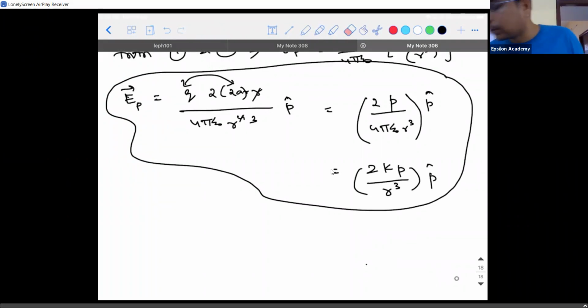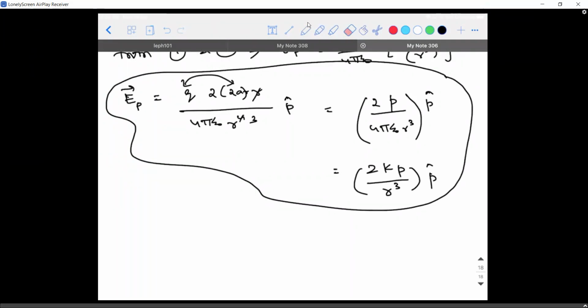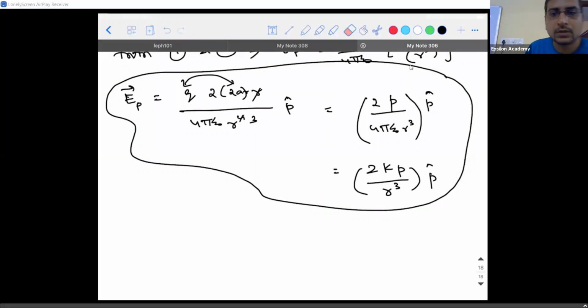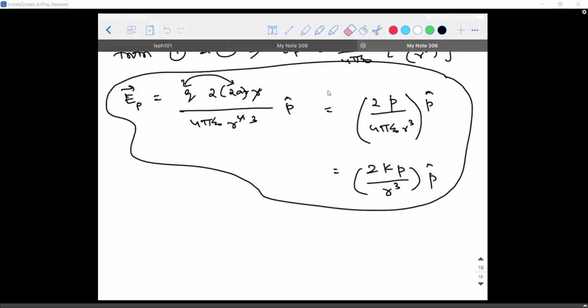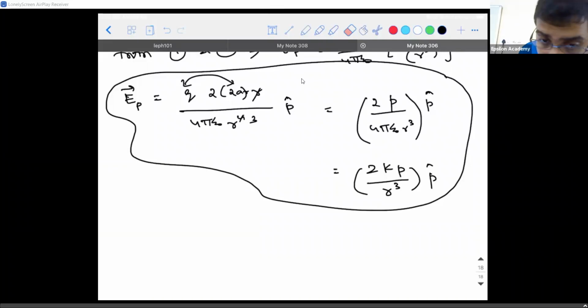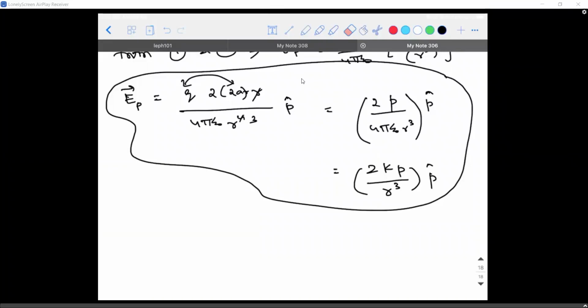Students online, I hope you understood. Is there any doubt? Can you repeat the statement once more, sir? Which one? Electric field at an axial point.